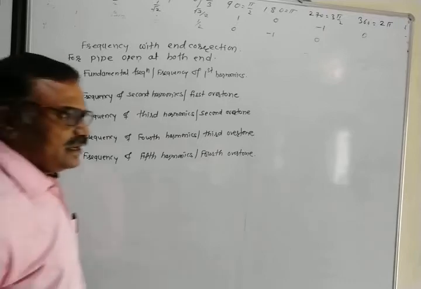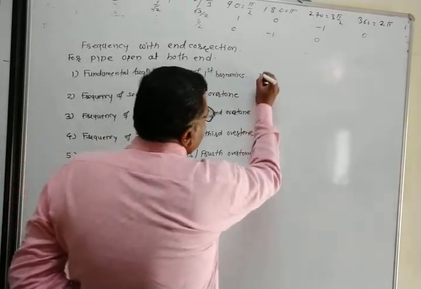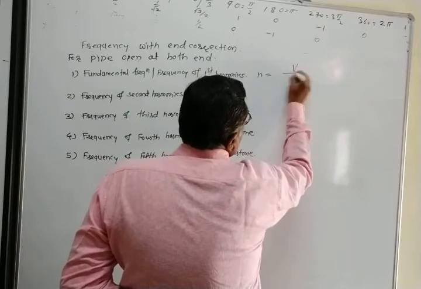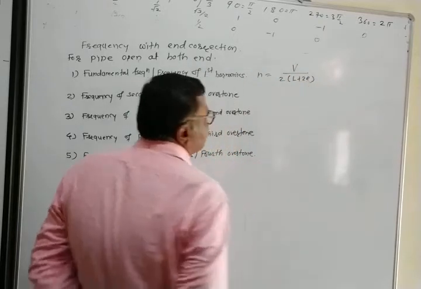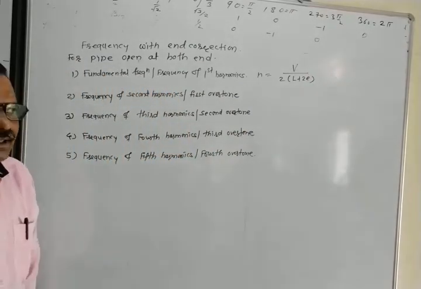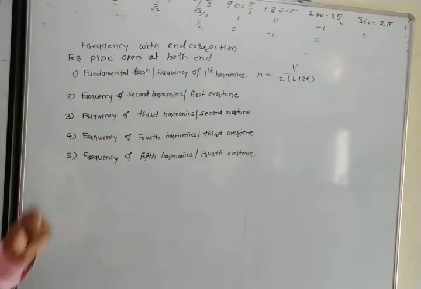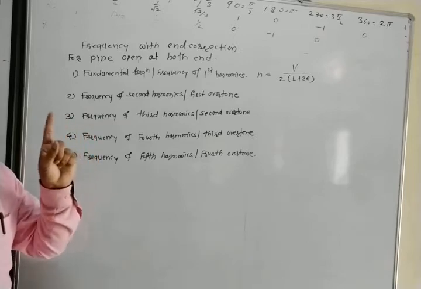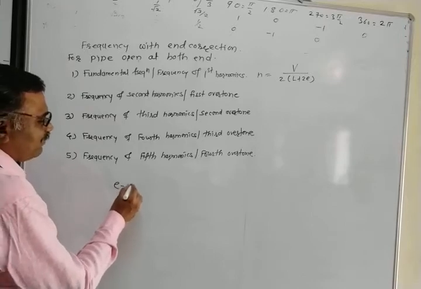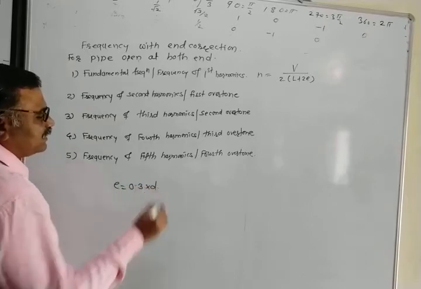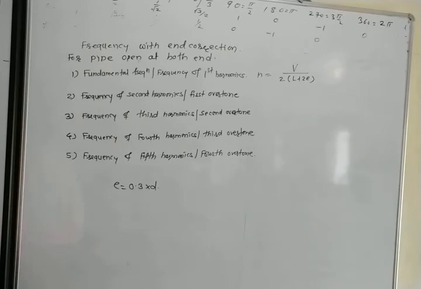By taking end correction, fundamental frequency can be written as V upon 2 times L plus twice E, where E represents end correction, distance of antinode from the open end of resonance tube. End correction is also given by another formula: E is equal to 0.3 into inner diameter of cylindrical pipe. This is expression for fundamental frequency.